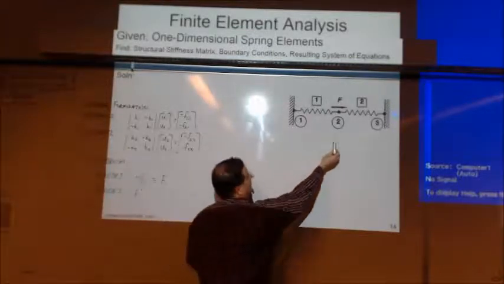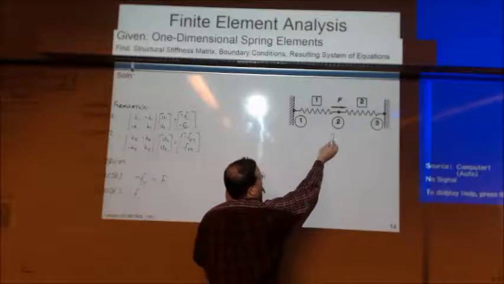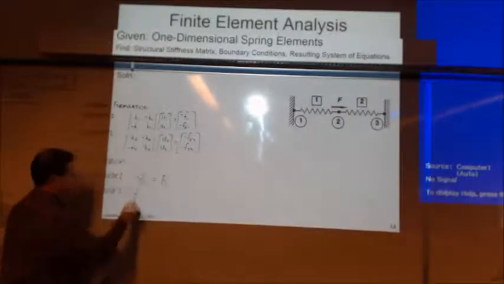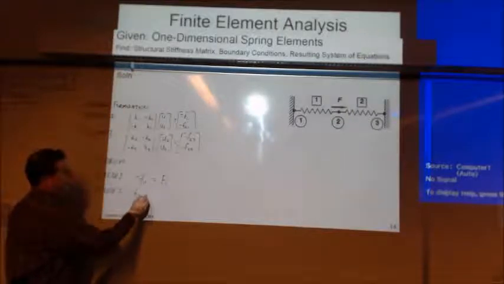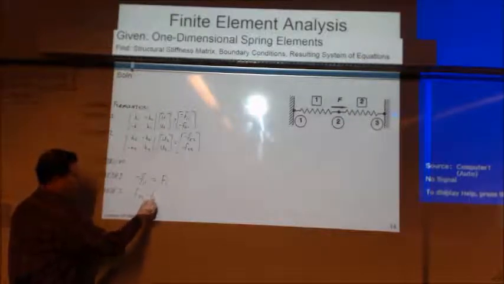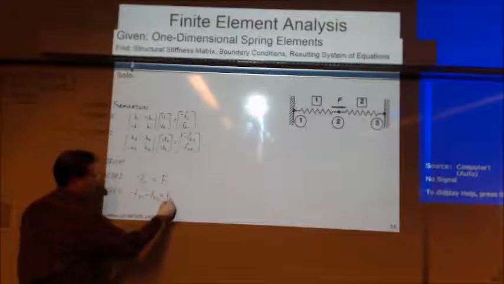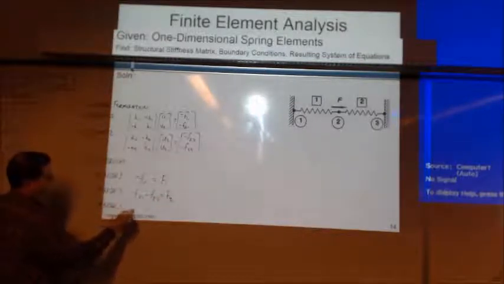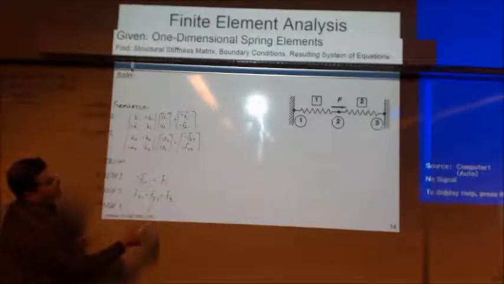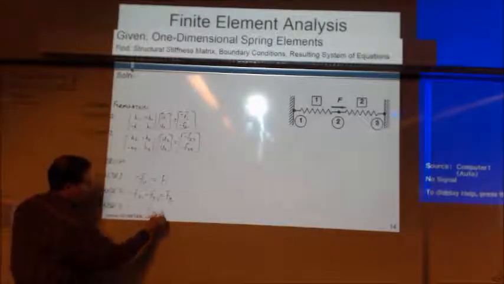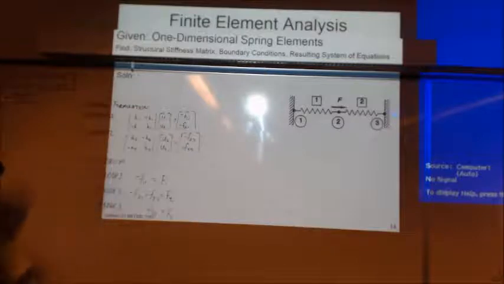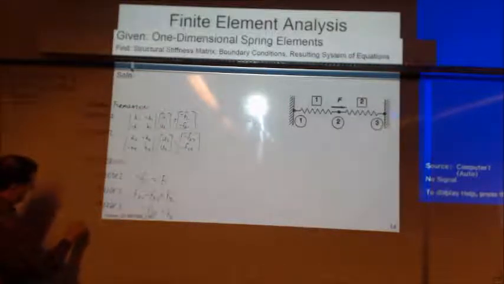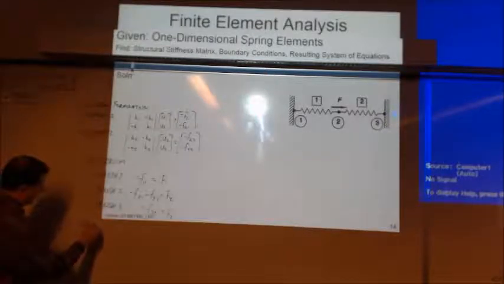So I'm at this location. So I'm going to have 2, 1 and 2, 2. Excellent. And at node 3, it's going to be minus what? 3, 2, F2. So I can write a little lower here. Okay, so now we can build our structure of equations.